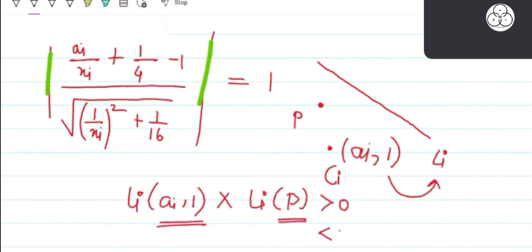If this is less than 0, then the points are on opposite sides of Li.